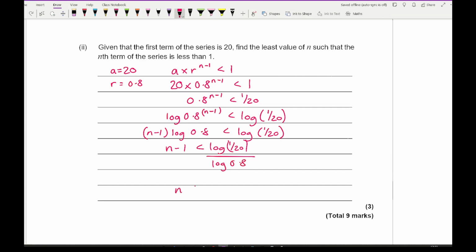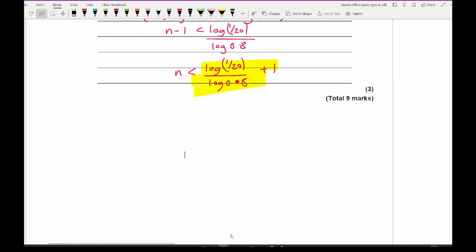So then I get n is greater than log of 1 over 20 over log of 0.8, plus 1.